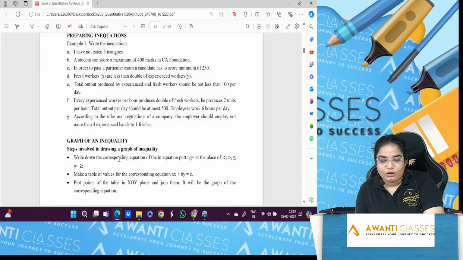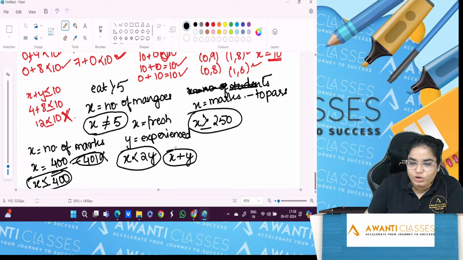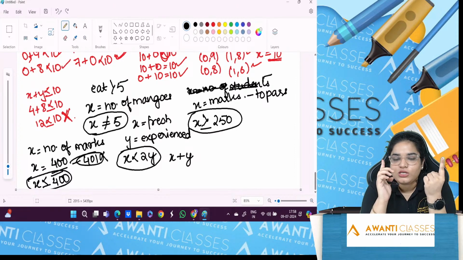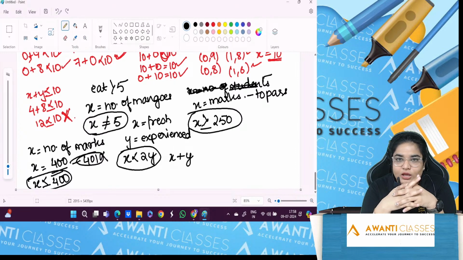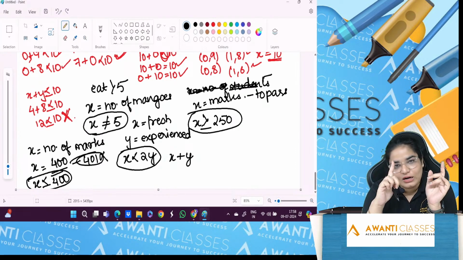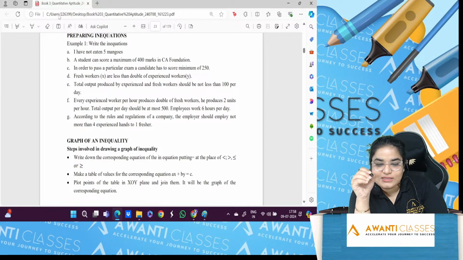Similarly, let's look at E now. Total output produced by experienced and fresh workers should not be less than 100 per day. So, there are fresh workers, there are experienced workers. Whatever they have produced together in one day, if you add all of it, it should not be less than 100.